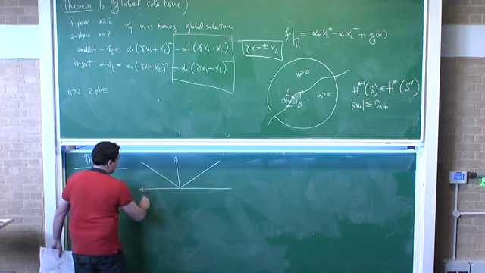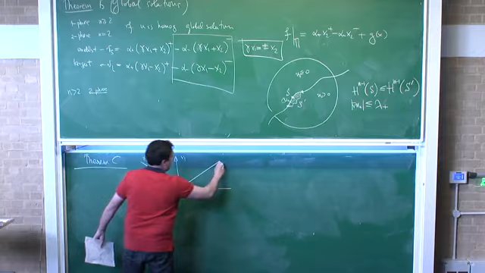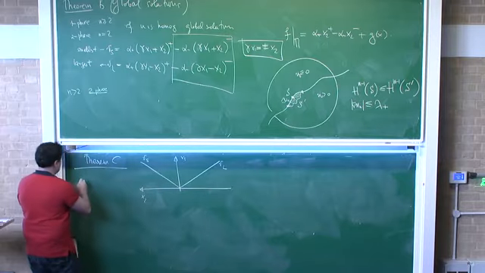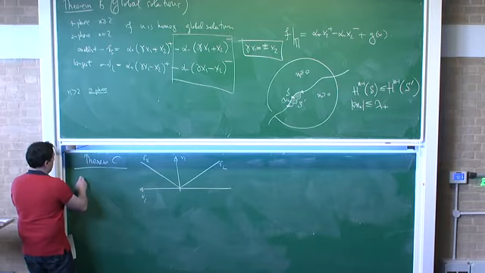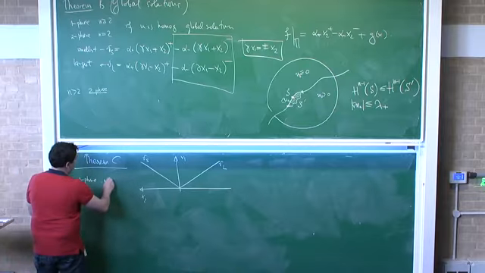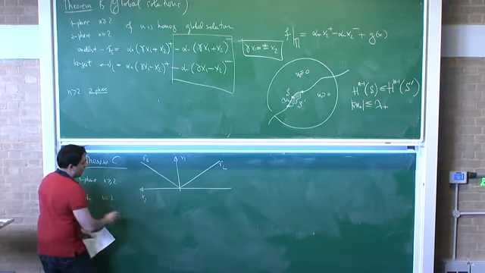So think that this is x2 and this is x1. So this is the free boundary of the small one, and this is the free boundary of the large one. Then the main theorem says that under the conditions above, say one phase and n is bigger than 2, and then two phase and n is 2.